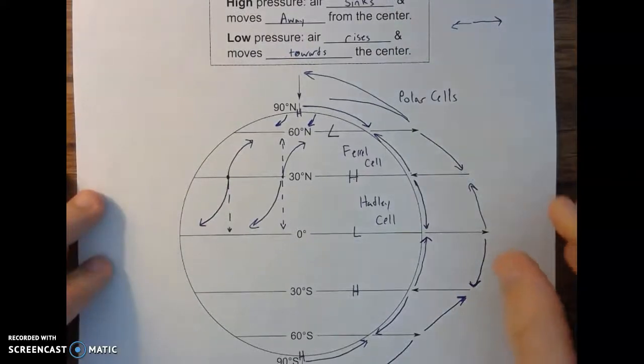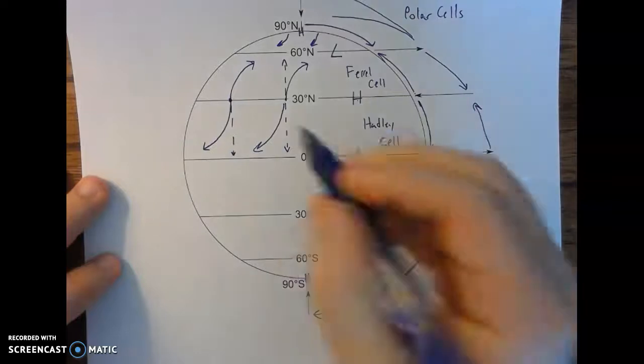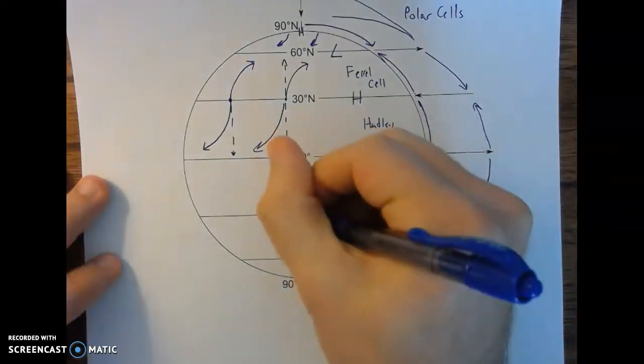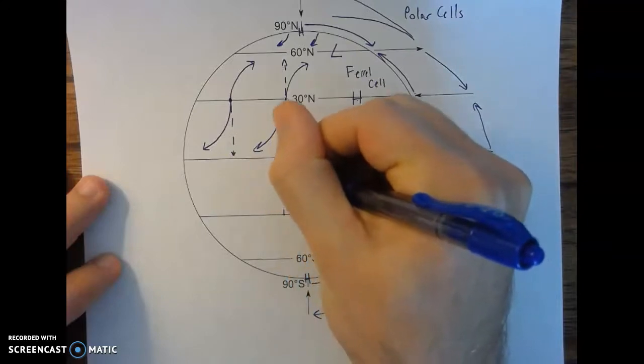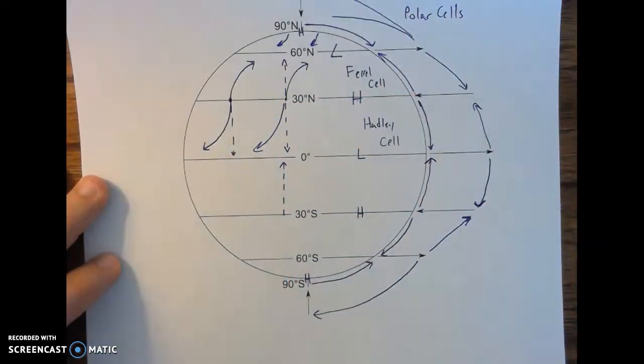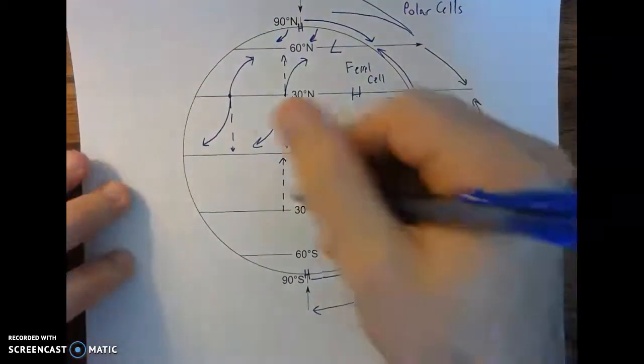From 0 degrees, the equator, and 30 south, a similar thing is going to happen. We have winds that are moving from 30 south. Again, if the Earth didn't rotate, it would be a straight line. But the Earth is, in fact, spinning, rotating once on its axis every 24 hours.